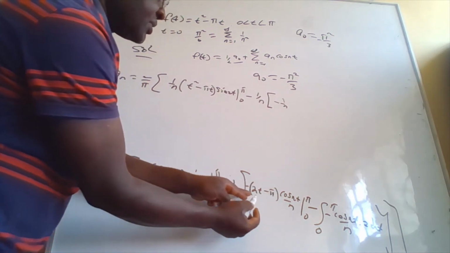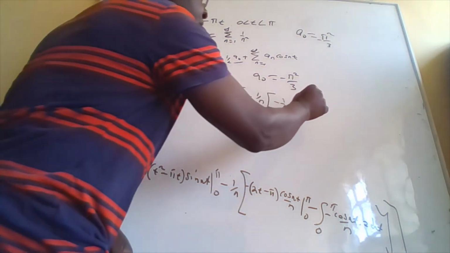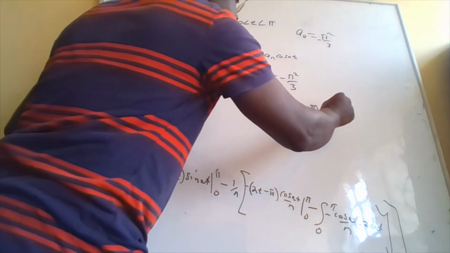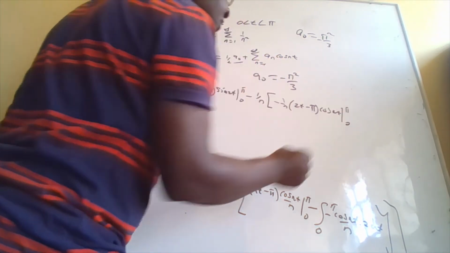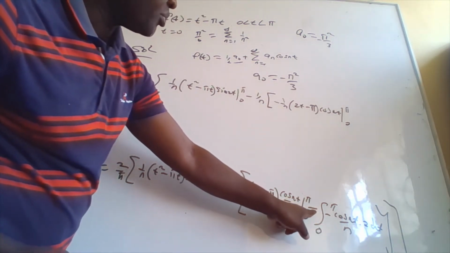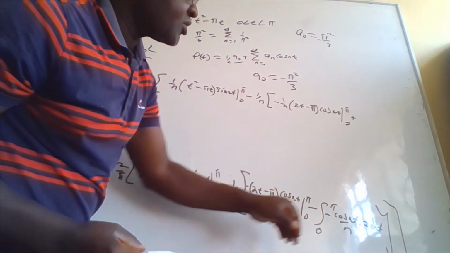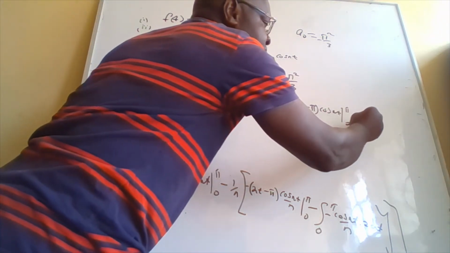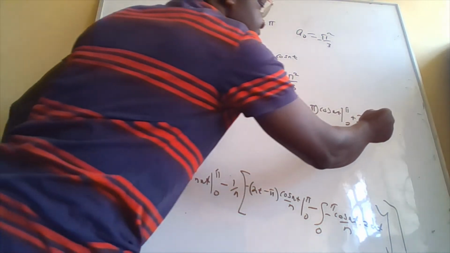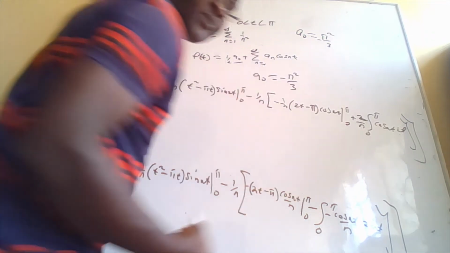I take this 1 all over n, so that I have 2t minus pi cos nt, then the limits. Then here, with this negative and negative, it will be positive, so it will be plus. Then we take out 2 over n, because it's a constant, then you will remain with cos nt, like that.